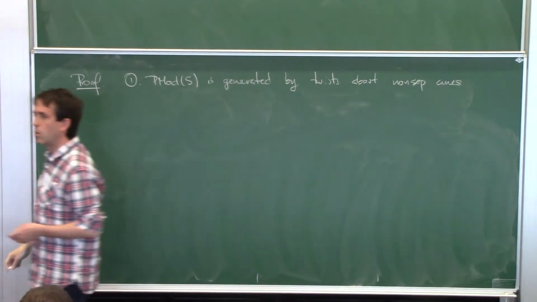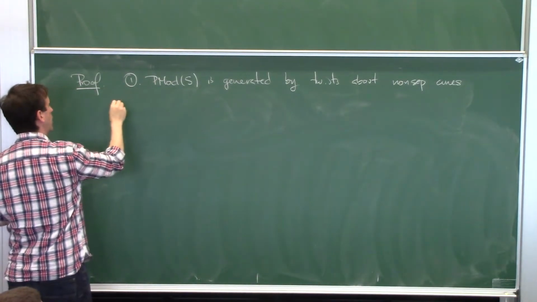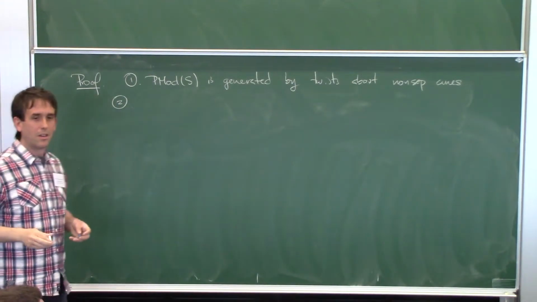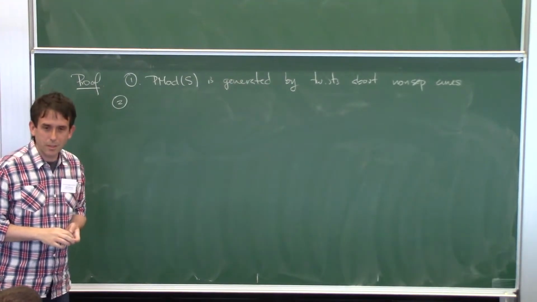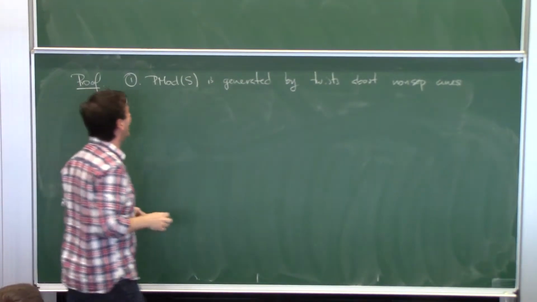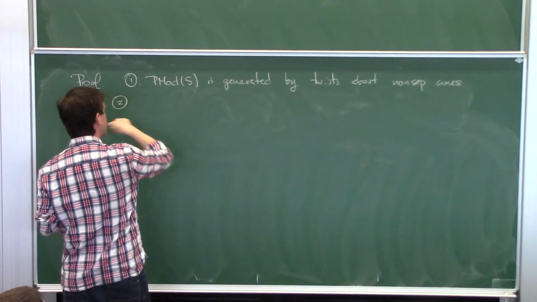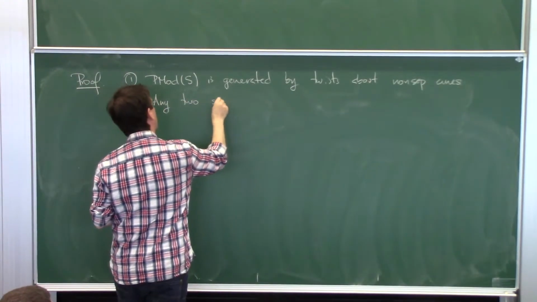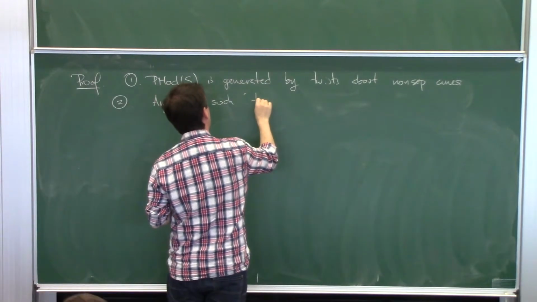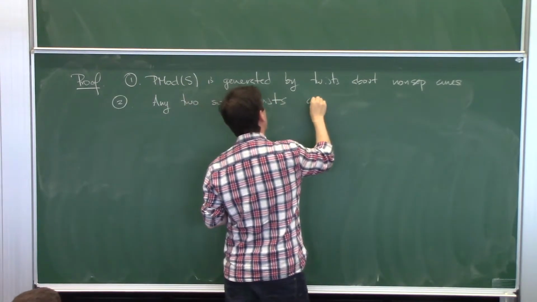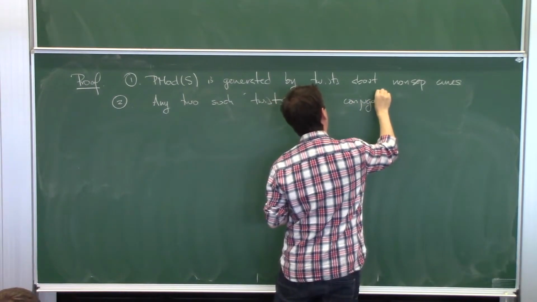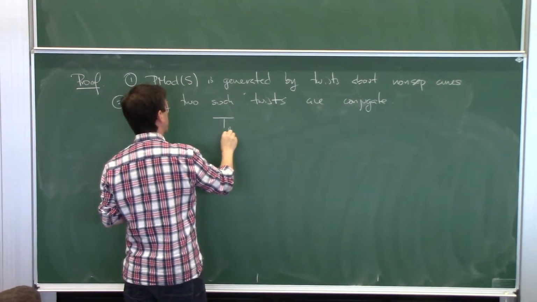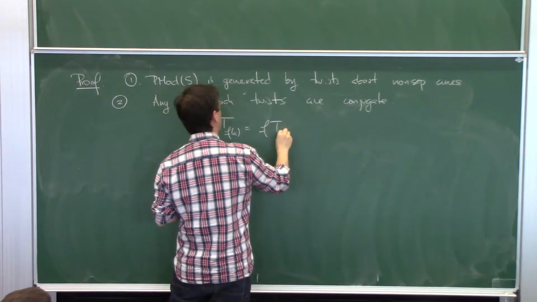That's a theorem of Mumford and Lickorish. The second point is that any two such Dehn twists are conjugate, just because of the classification of surfaces.